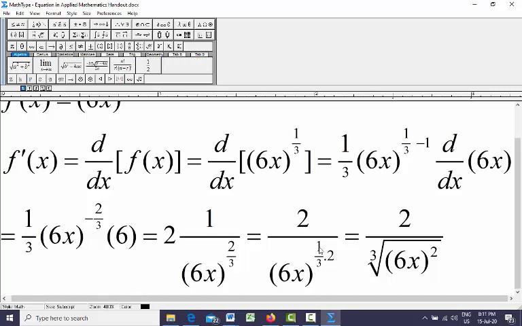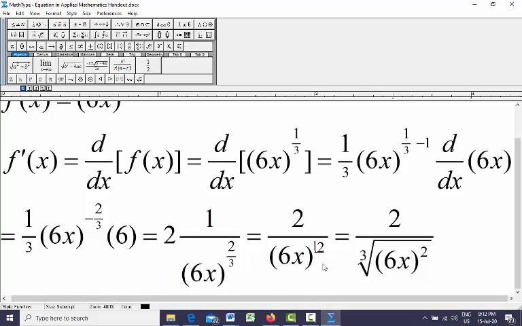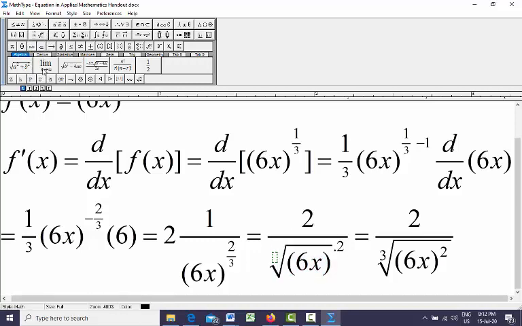And always remember, if there is a power 1/3, it can be written as cubic root. So that means there is a power 1/3 here. For this power 1/3, we can write it this way. Pay attention. How am I writing it?